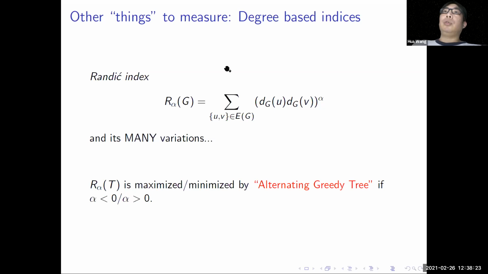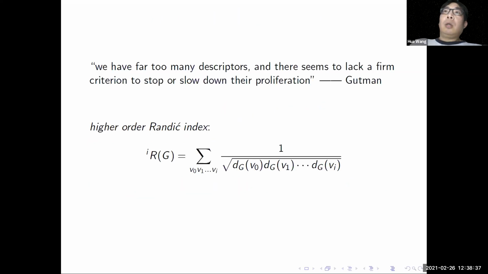And this also introduces a new category of graph invariants, commonly called degree-based indices, as opposed to distance-based or counting-based. There are many, many variations of it, so I won't list all of them, but here is just an example to show you how complicated they can get from real-life applications.